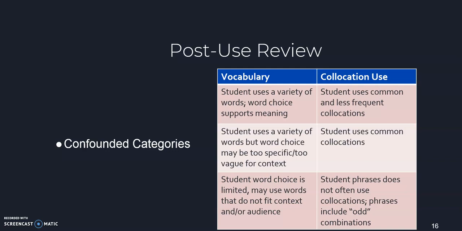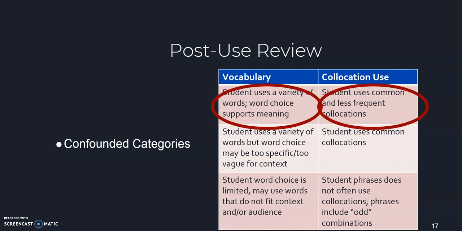And maybe we found out that for every single student, if they scored the top score in vocabulary, they also were assigned the top score in collocation use. Every time. These were always paired together, the same level of performance was assigned for both of these categories.